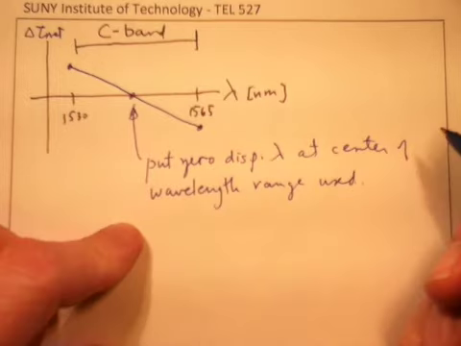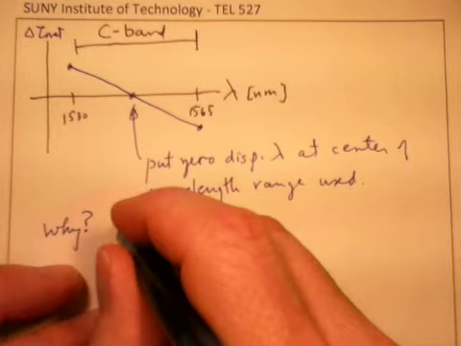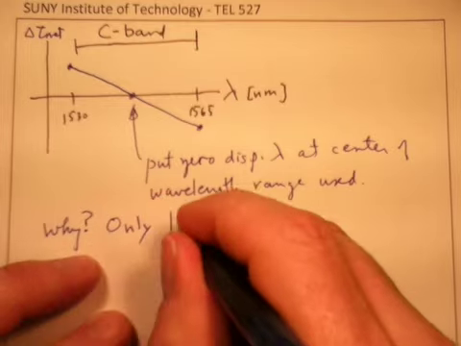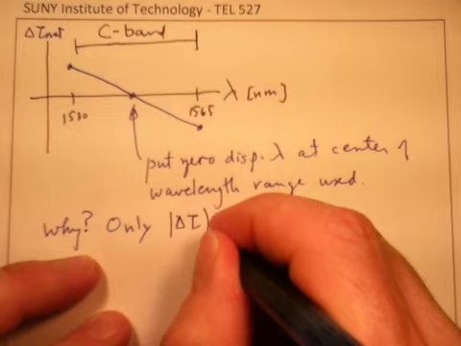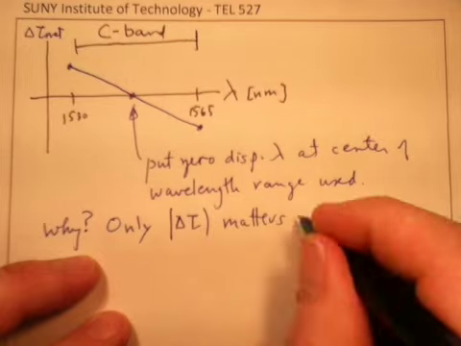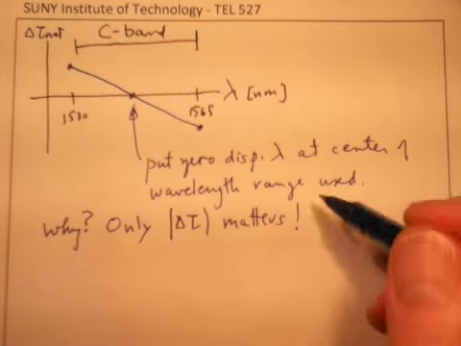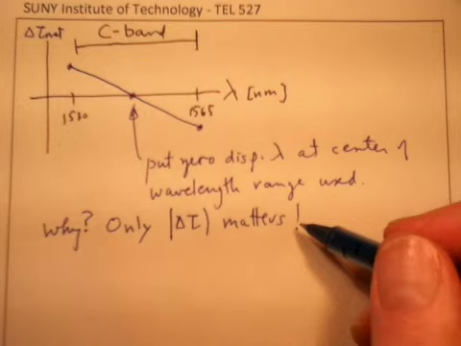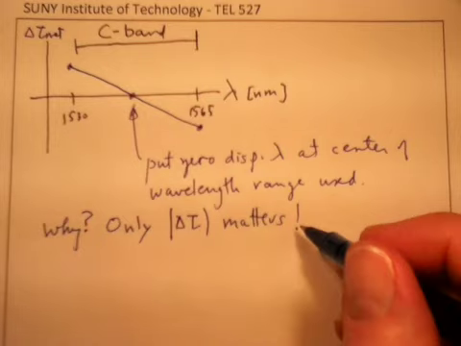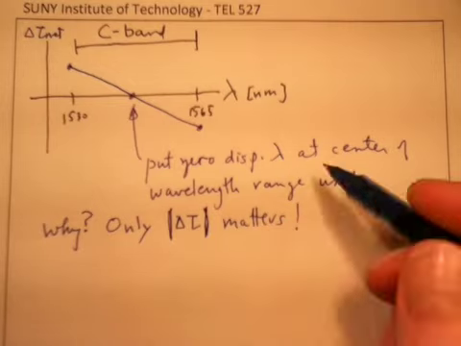And why is this? Because only the absolute value of delta tau matters in our dispersion. So a positive dispersion is just as bad as a negative dispersion, and as long as you keep the magnitude of the dispersion low, you're doing better.